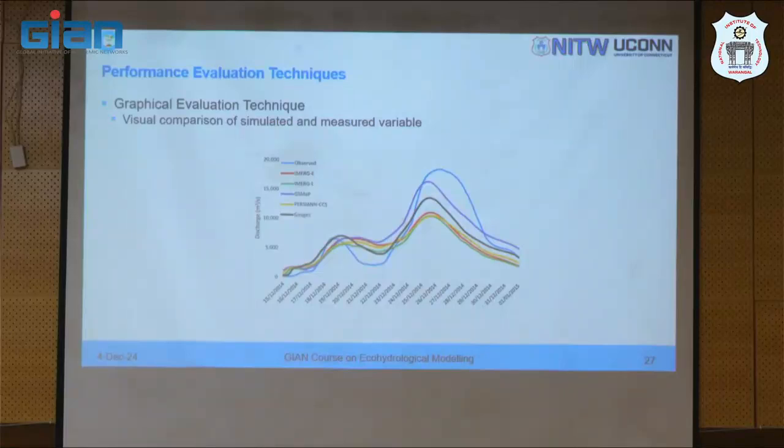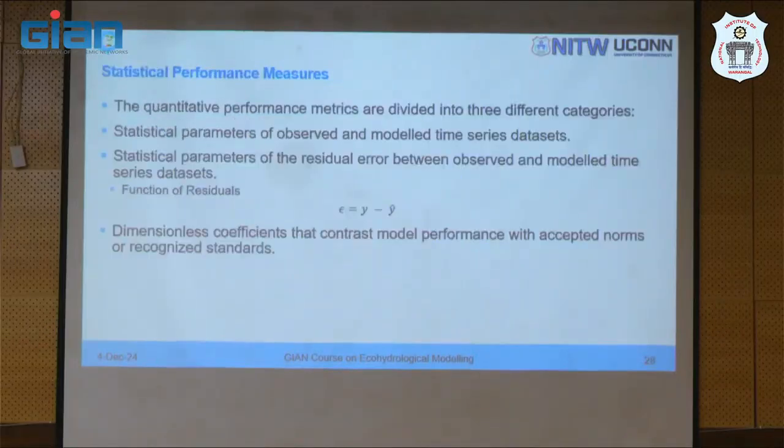So the graphical way of doing things basically presents some part of your time series or some characteristics of the time series. There are also different statistical measures, and descriptive statistics are also good statistical parameters of observed and model time series data. That's also a good way of checking how good they are, right?